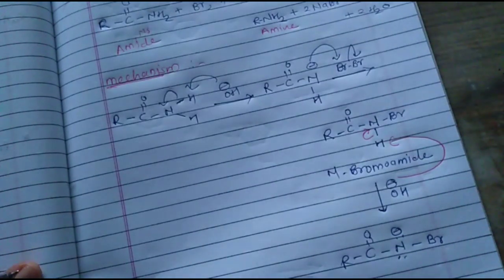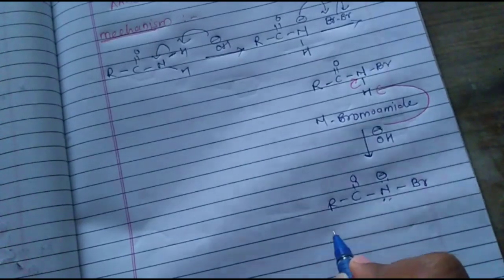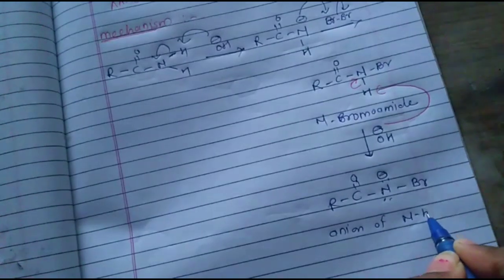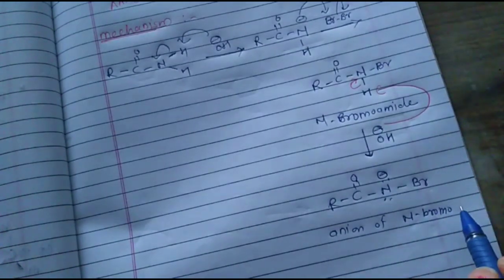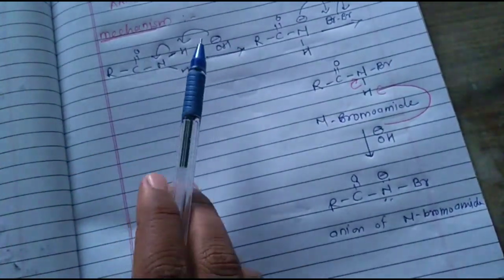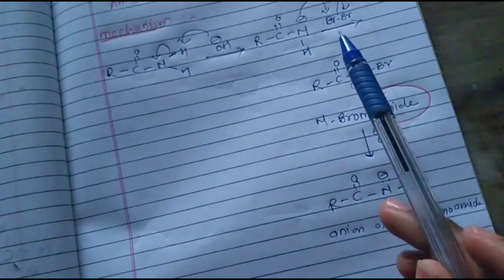This is called the anion of the N-bromoamide. In the first case, OH minus attacks the hydrogen, the electron is accepted by the nitrogen, and the nitrogen gets the negative charge.